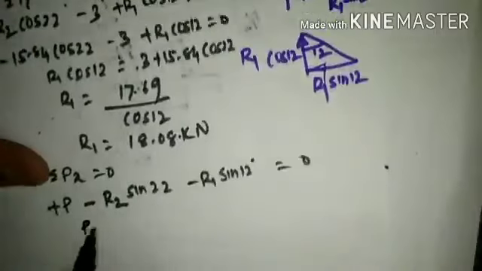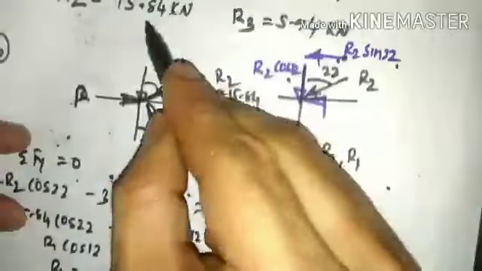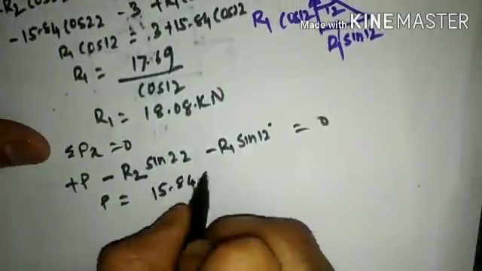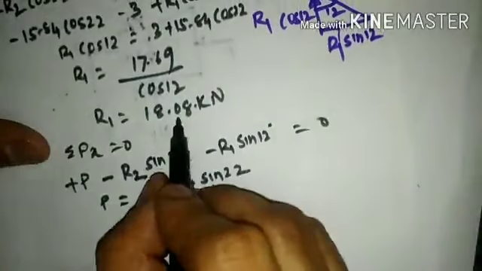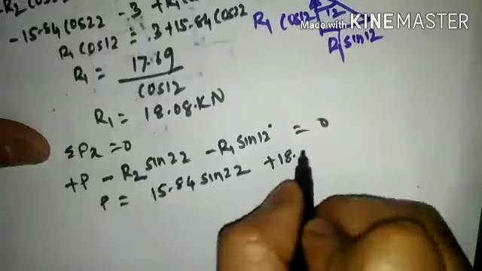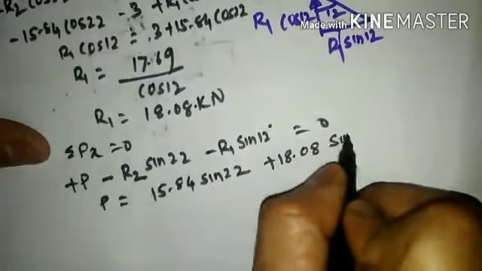So substitute the value of R2. The R2 value is calculated as 15.84. So when you take it to the right hand side, it will be positive, 15.84 sine of 22. The R1 value is 18.08. When you take it to the right hand side, positive, 18.08 sine of 12 degrees.